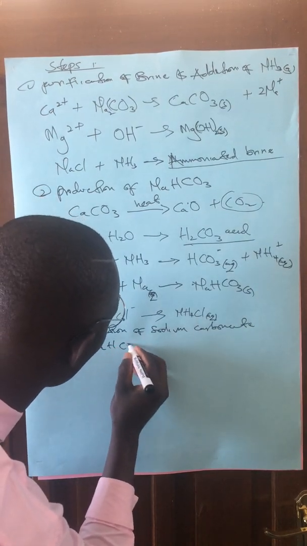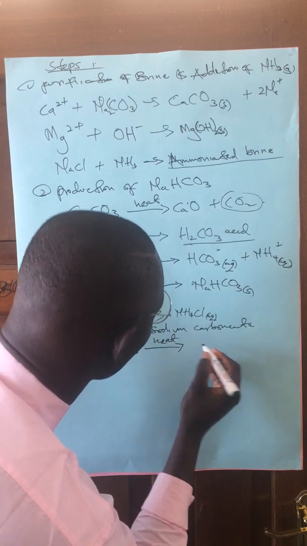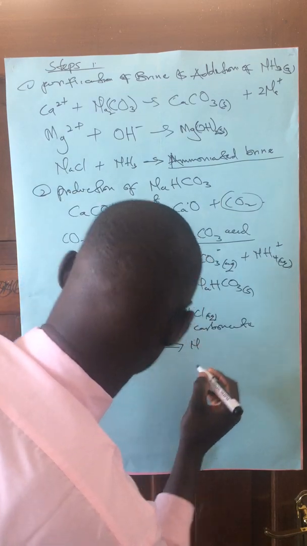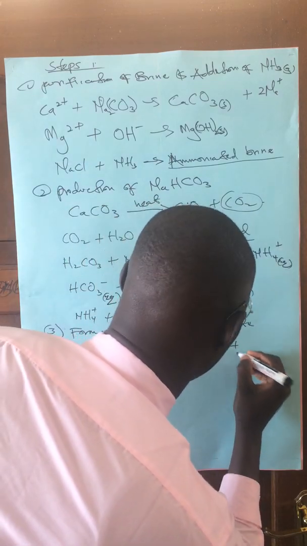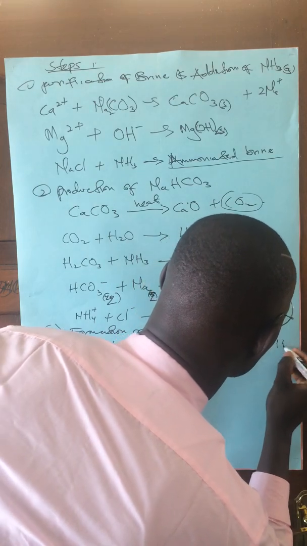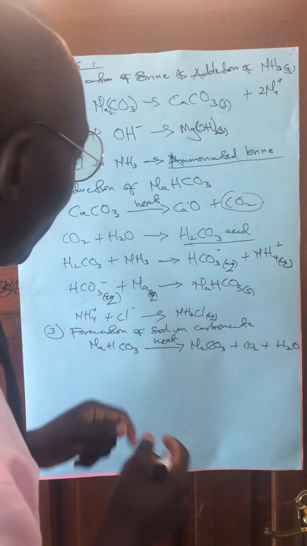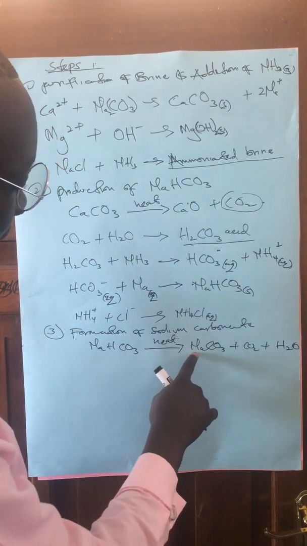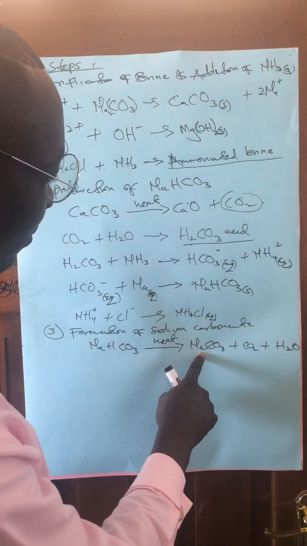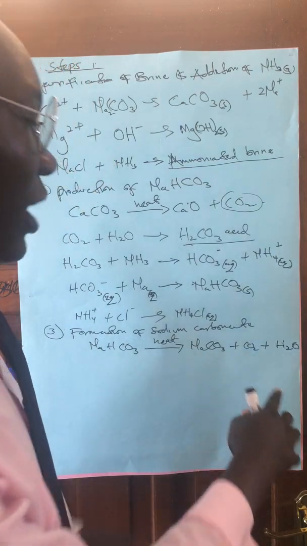Sodium hydrogen carbonate subjected to heat, we are going to produce sodium carbonate plus CO2 plus water. When we do this, we already have sodium carbonate, CO2 plus water.